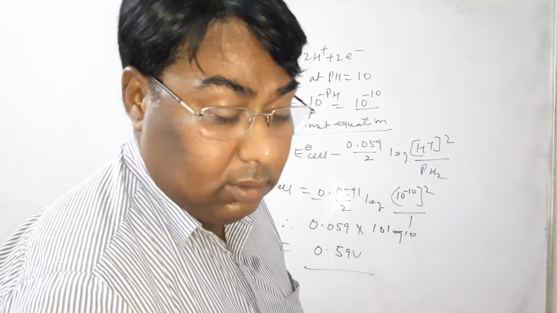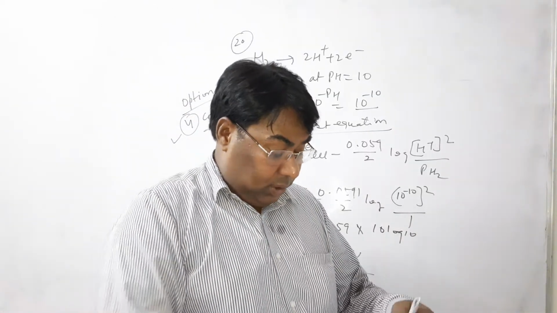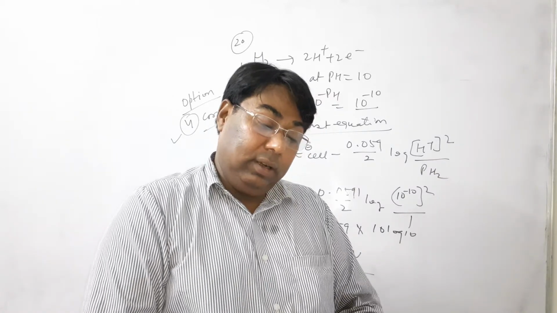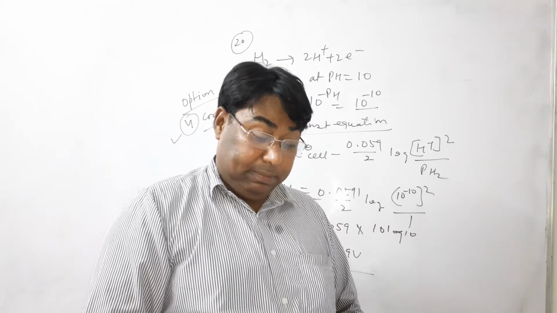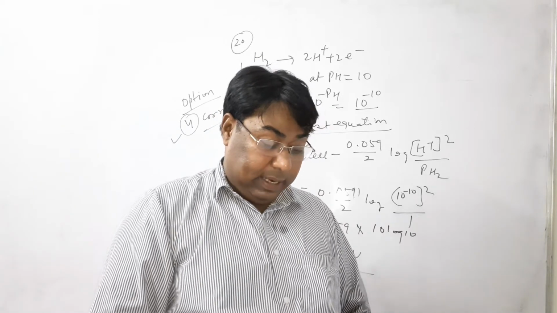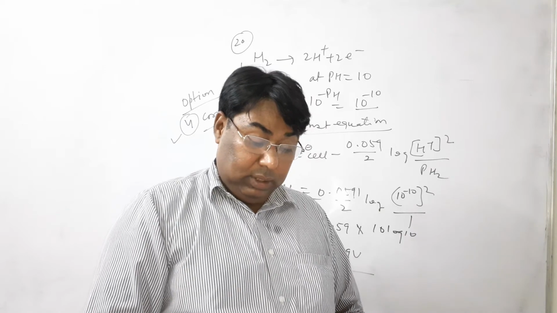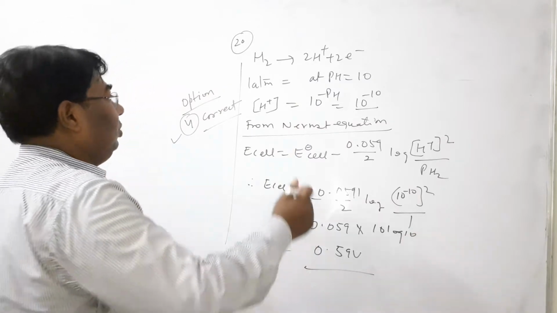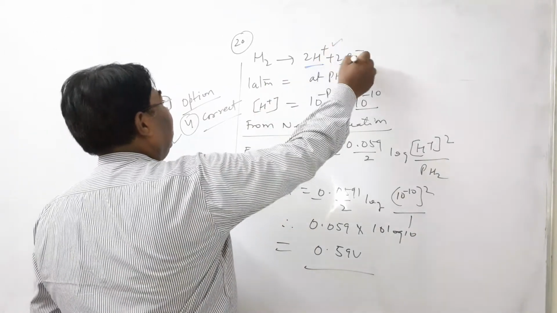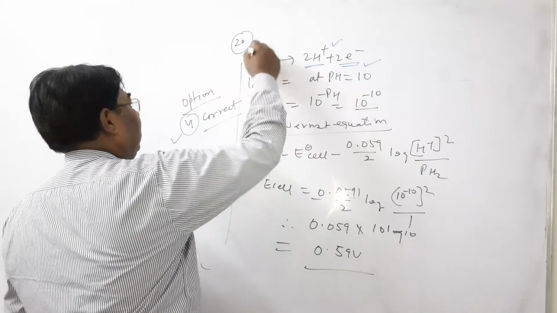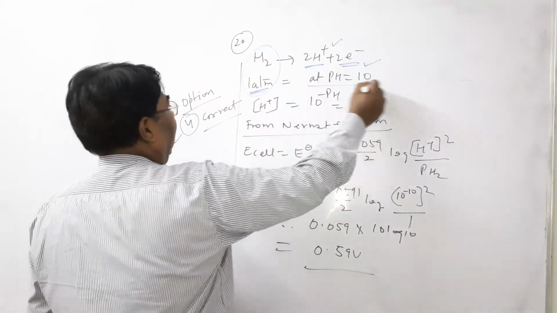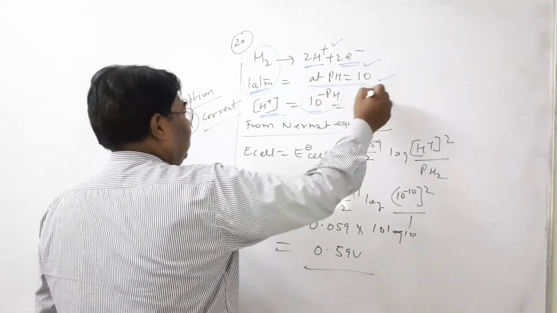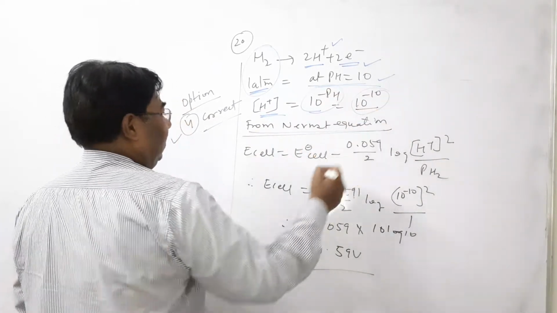Question number 20. A hydrogen gas electrode is made by dipping platinum wire in a solution of HCl of pH equal to 10 by passing hydrogen gas around the platinum wire at 1 atm pressure. The oxidation potential of the electrode will be. So hydrogen breaks into 2H+ and 2 electrons. When the pressure of hydrogen is 1 atm and the pH is 10, H+ is equal to 10 to the power minus pH, so 10 to the power minus 10. Now apply the Nernst equation.